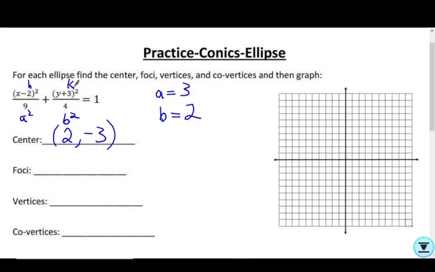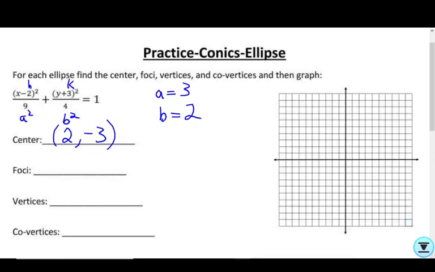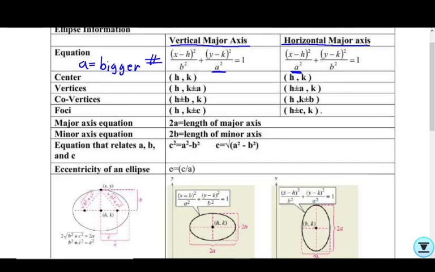Then we come over here, and since we're horizontally major, our focus is going to be (H plus or minus C, K). So next I have to find C, and this is the equation to find C. C is the square root of A squared minus B squared.